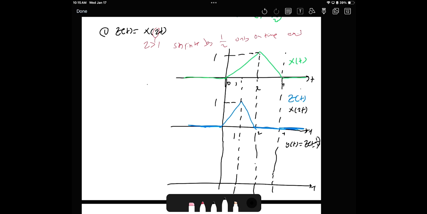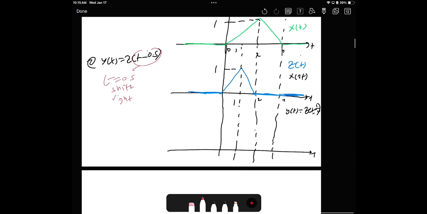So we need to shift it by 1 half. Therefore, let me look at step number 2. y of t equals z of t minus 1 half. Let's look inside the brackets: t equals 0.5. Since it's positive, we shift right. So what we will see instead of 0 will be at 0.5.